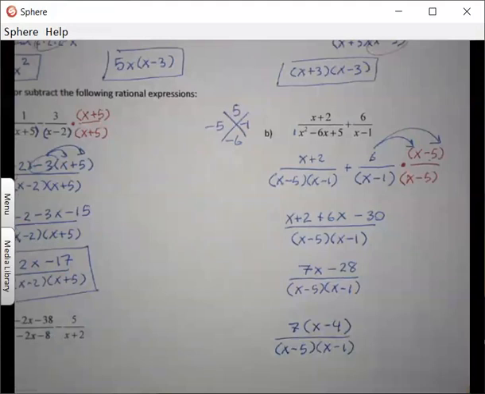Now, the reason we do this is sometimes after you factor the numerator, you can simplify further. Like there'll be something that can cancel or reduce. In this case, all the factors are different, so that's it.